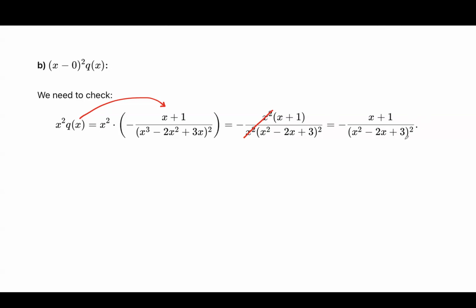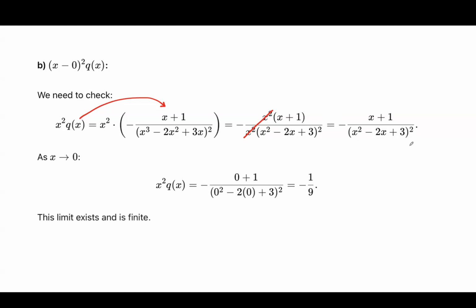So now, as you can see, it's just a simple substitution in finding the limit. As x goes to 0, x squared times q approaches negative 1 over 9, which is a finite number. So the limit exists as well. So we can conclude that at x equal to 0, we have a regular singular point.